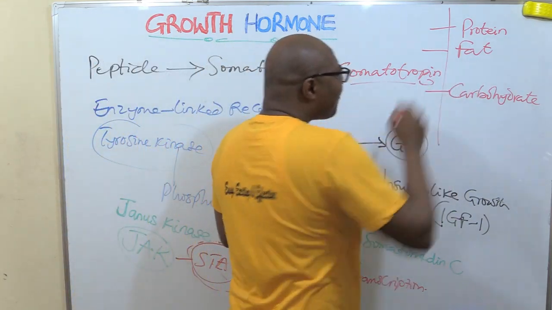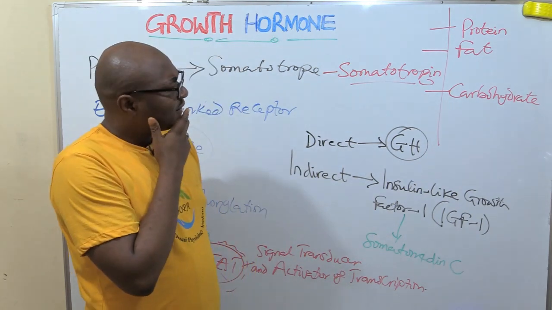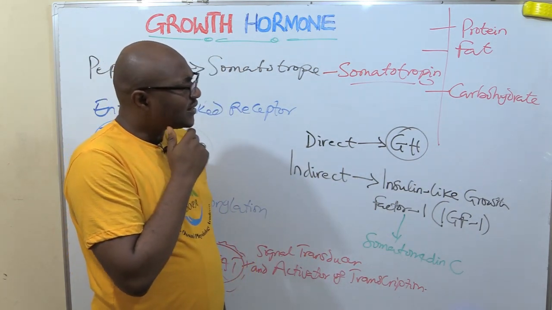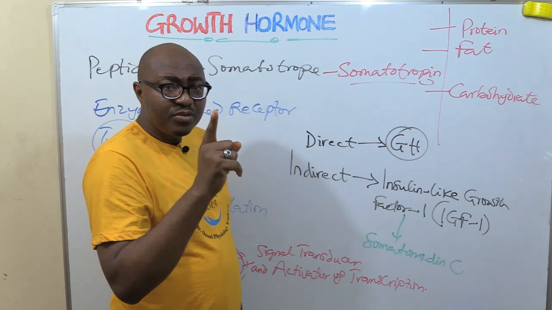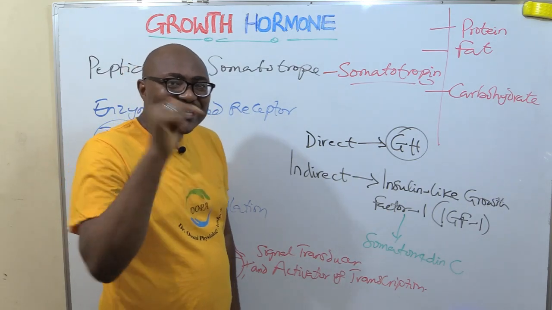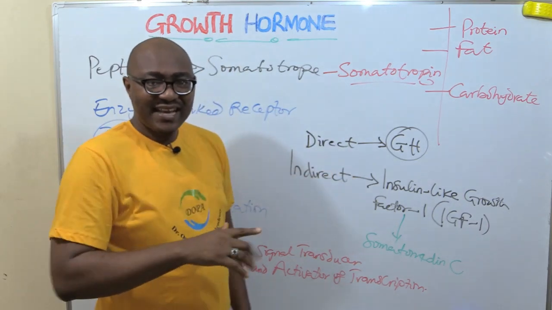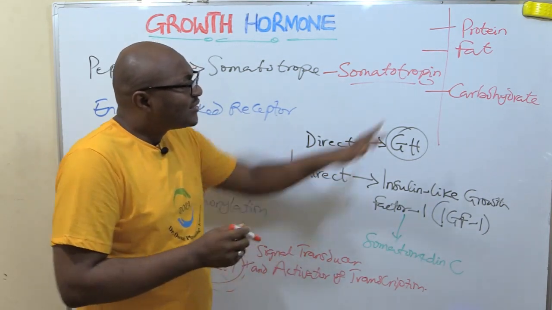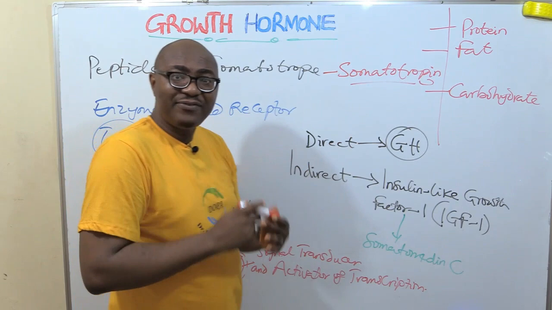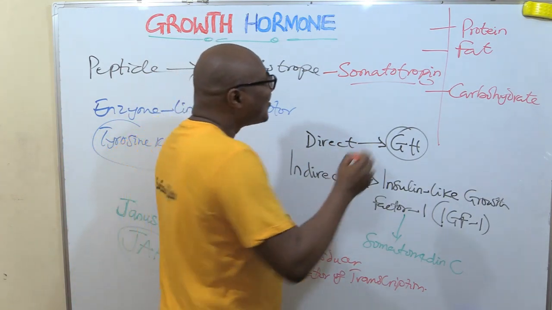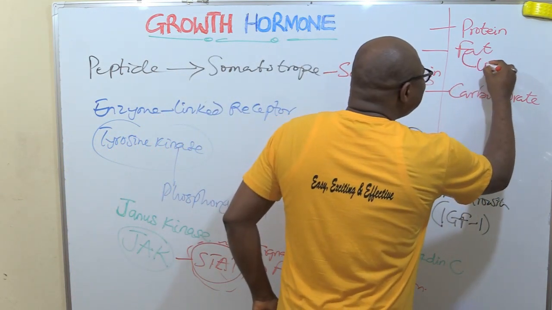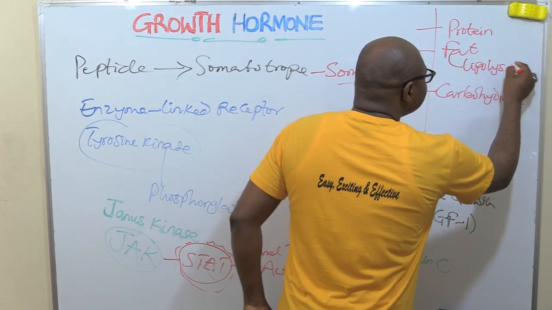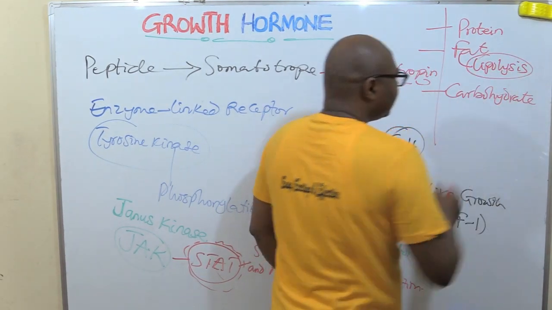Then for fats, it has a very interesting thing: growth hormone prefers the use of fats as a source of energy over glucose. So it breaks down fats. You understand? It promotes lipolysis.